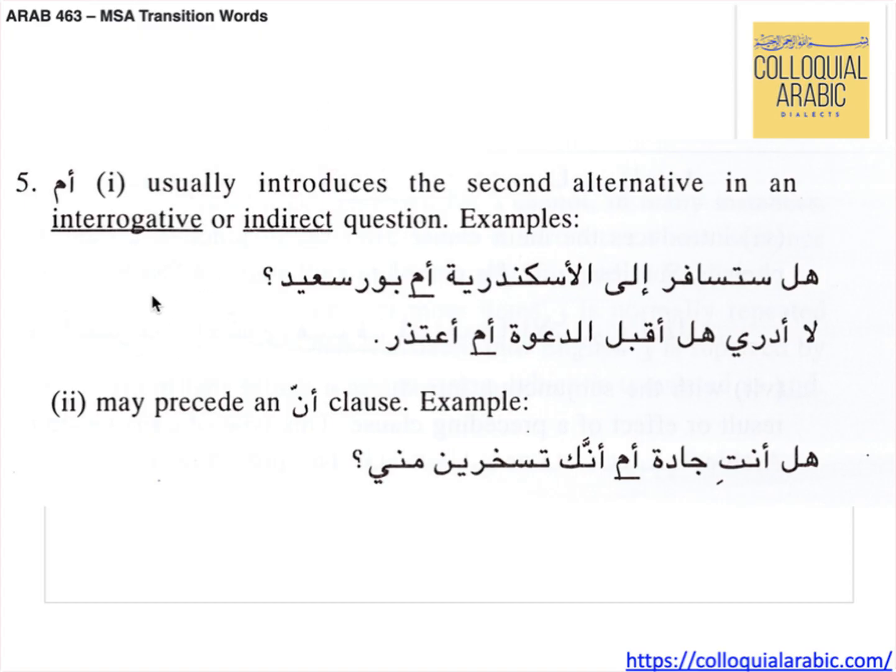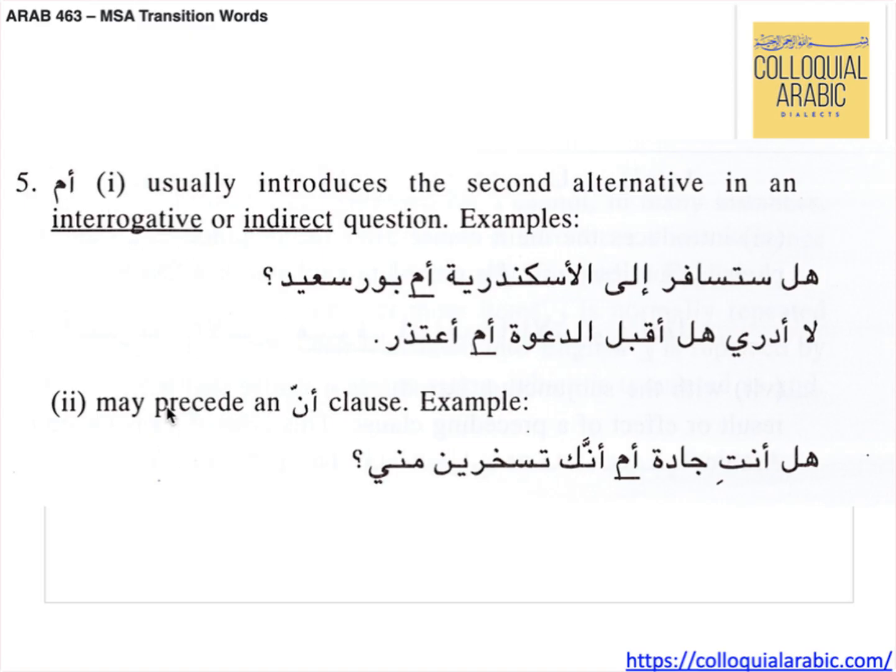The fifth link word for today's lecture is am, which usually introduces the second alternative in the interrogative or indirect question. Hal satusafiru ilal Iskandariyya am Bur Sa'id? So this again, hal is a question word: will you travel to Alexandria or Port Said? Two options. La adri a-sa'aqbalu ad-da'wa am a'tadhir. I don't know whether I will accept the invitation or say sorry.